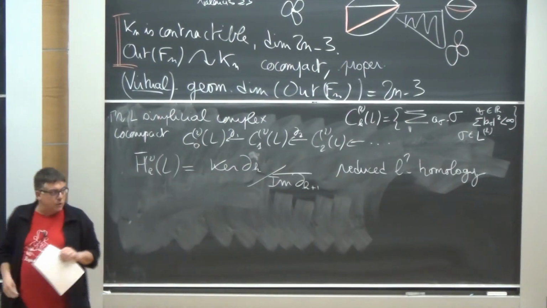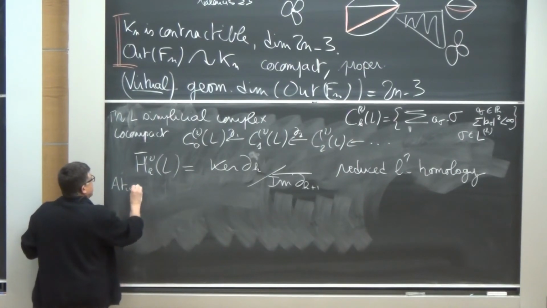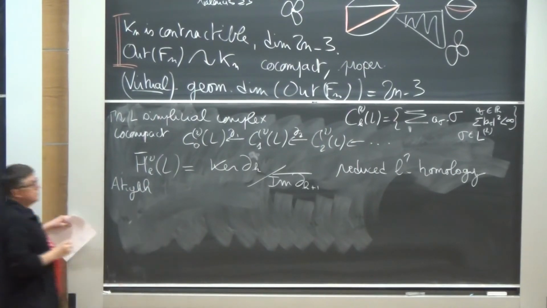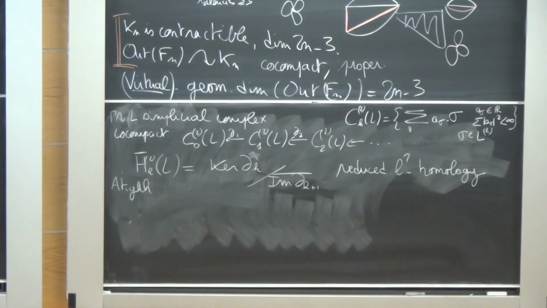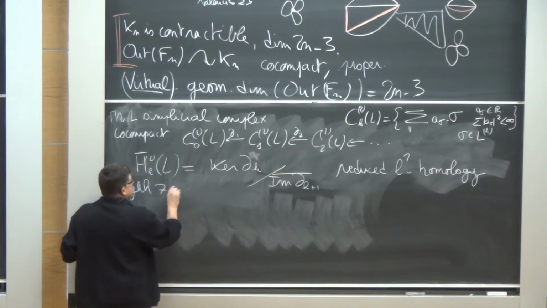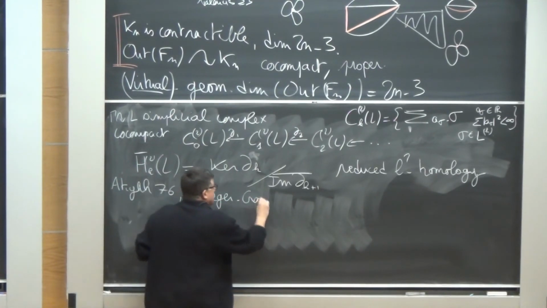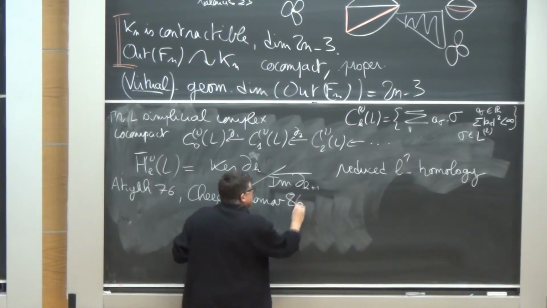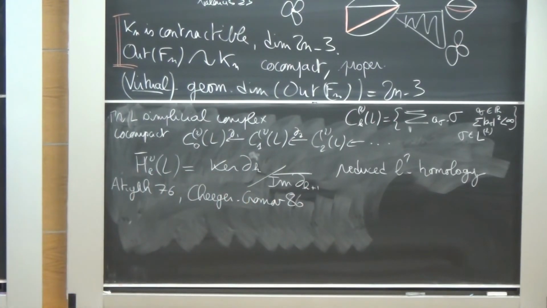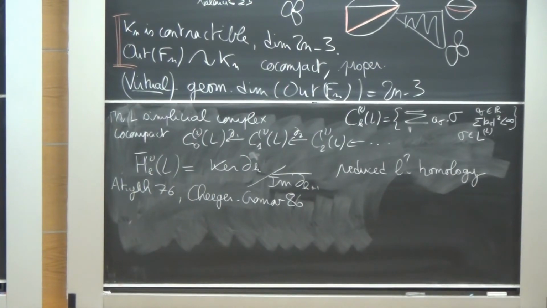And this is the reason why I should mention the names of Atiyah, 76, and Cheeger-Gromov, 86, who studied L2 homology and L2 Betti numbers in various contexts.